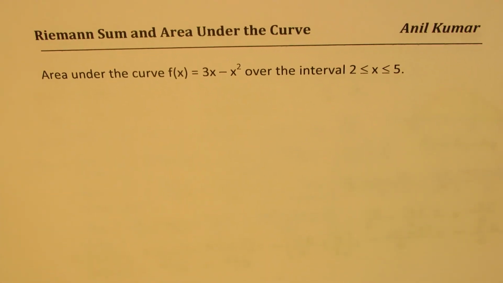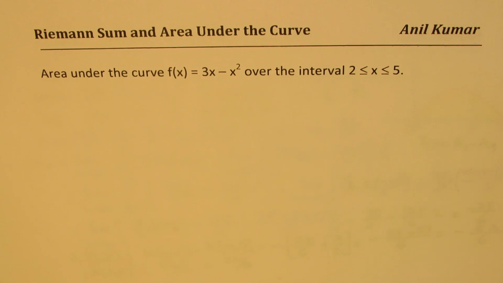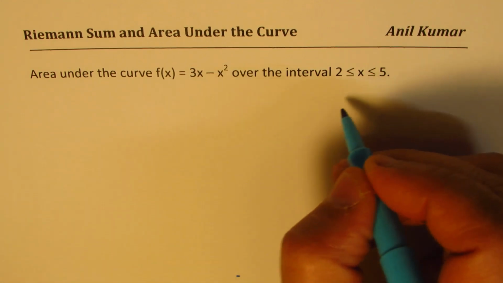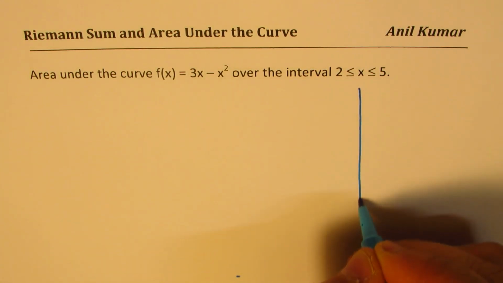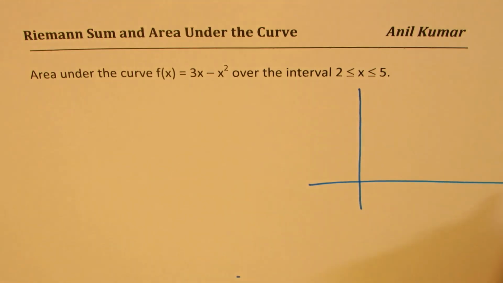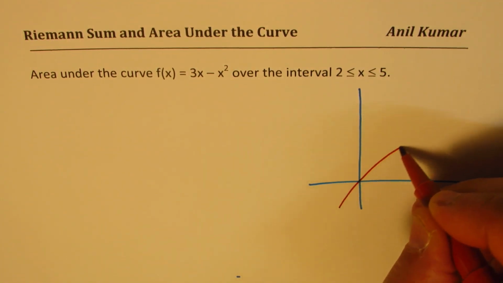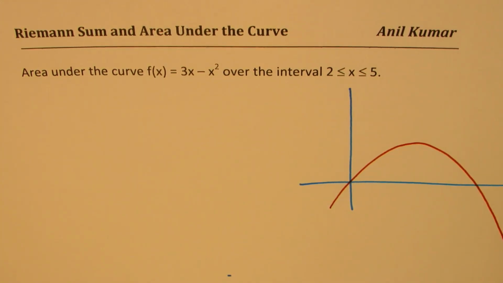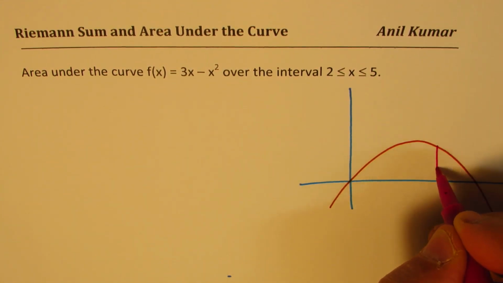That is, we need to figure out the area under the curve over the interval from 2 to 5, right? So let's summarize what we just did. So a bigger diagram this time. So what we have here is that we are interested in the area of this portion, right?